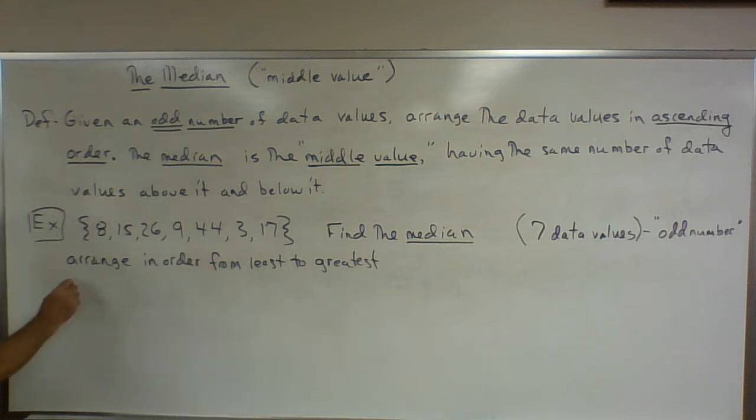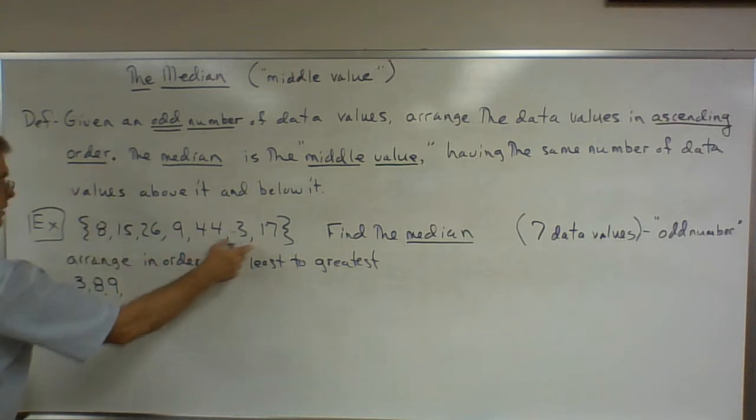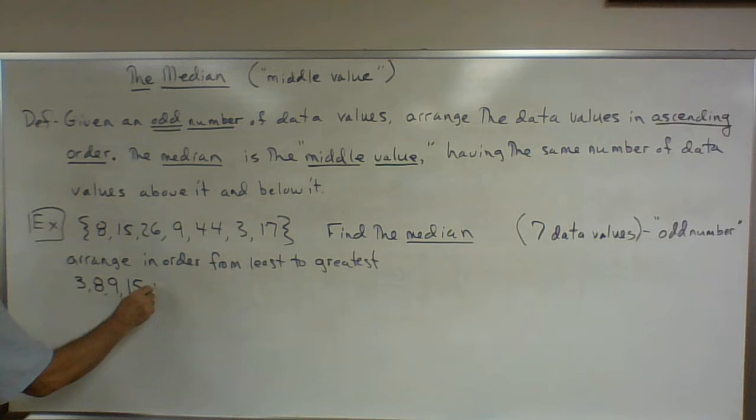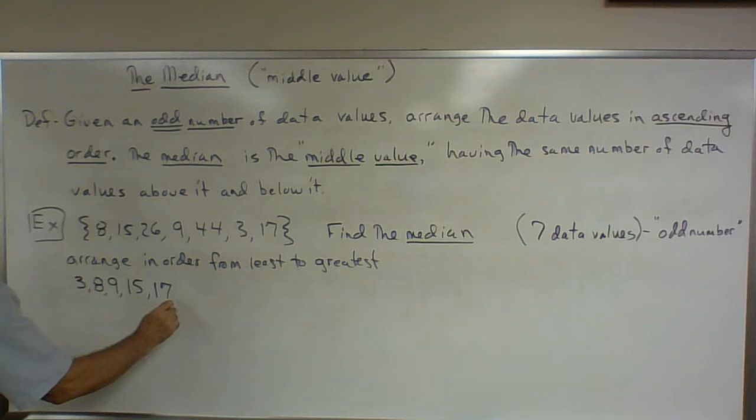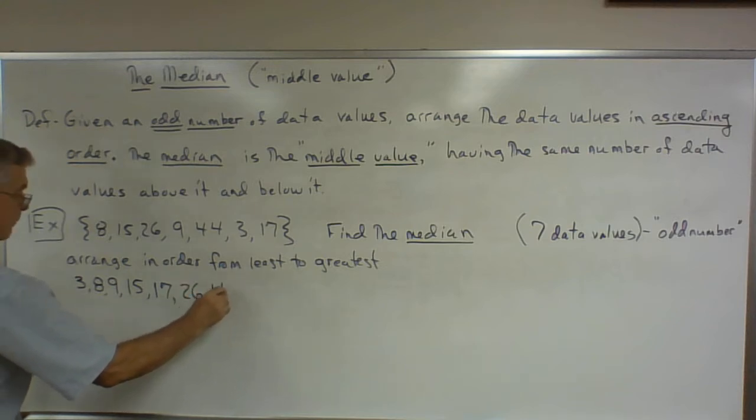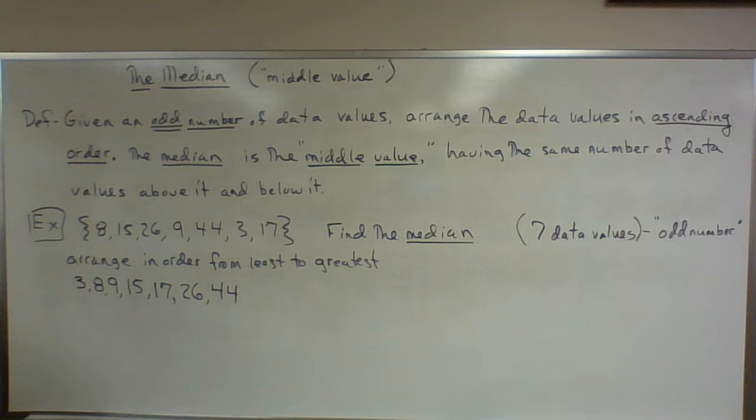Okay, 3 is the least. Then 8, I think, and then 9. So now we ought to be in our teens, and I see 15 and 17. And 26 and 44. Did that get them all? Let's see. We had 7 data values. 1, 2, 3, 4, 5, 6, 7. Okay, that's all of them.